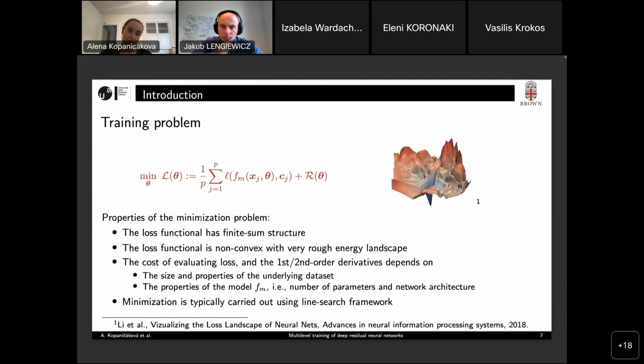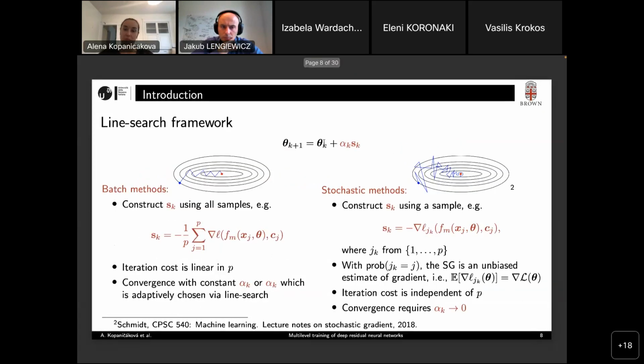Traditionally, this minimization problem is carried out using some line search framework. So parameters of our model or network are updated by using some search direction s_k, which is scaled appropriately by some learning rate or step size alpha_k. There are two basic methodologies to obtain this search direction.